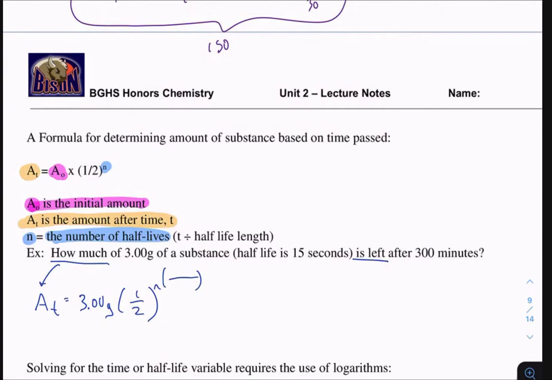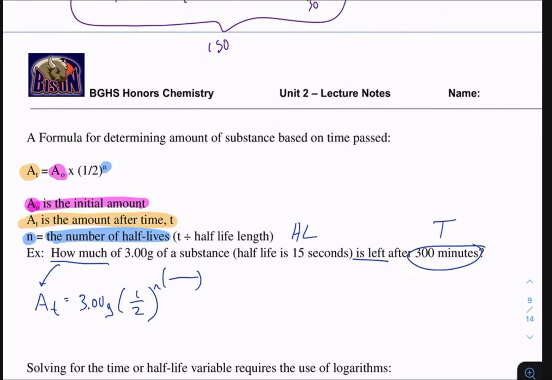Right? So 300 minutes is the time. 15 seconds is the half-life. But here's the problem. Or actually, can you tell me what the problem is? Can I solve for n yet? What's the problem? Units. They are in different units. It doesn't matter which unit you choose as long as the units cancel, which means they have to be the same. I'm just going to turn minutes into seconds.